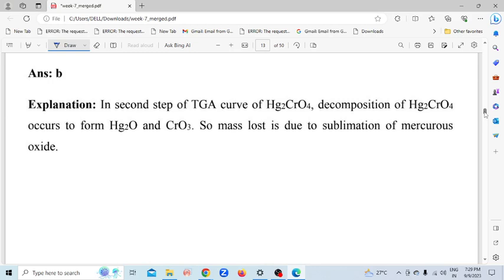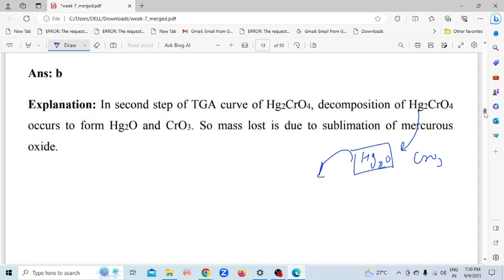So in the second step, decomposition occurs to Hg2 and Cr2. So this will decompose into these two, and what will happen? It will be sublimed.